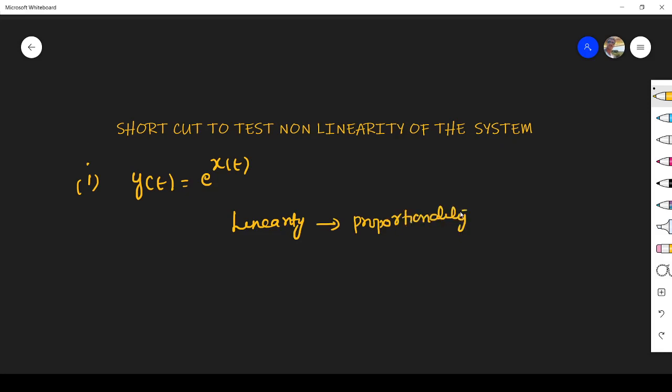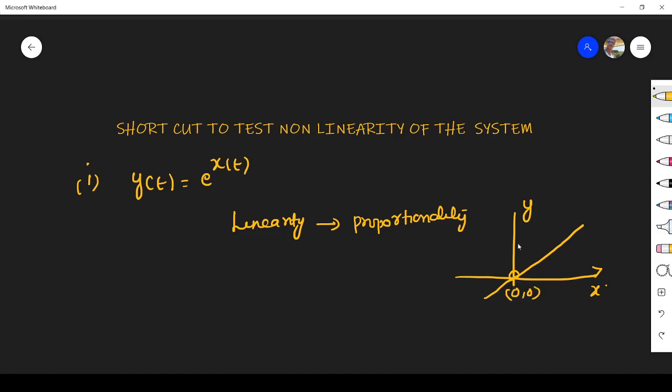So the relationship between input and output will be like this. If this is x and this is y, it should have a relationship like this. Please remember, for 0 input, your output should be 0. So your line should cross 0, 0.